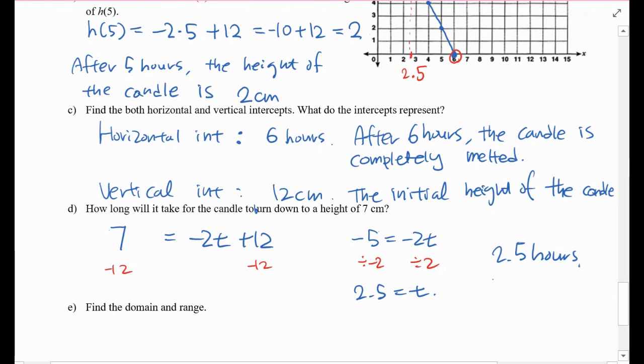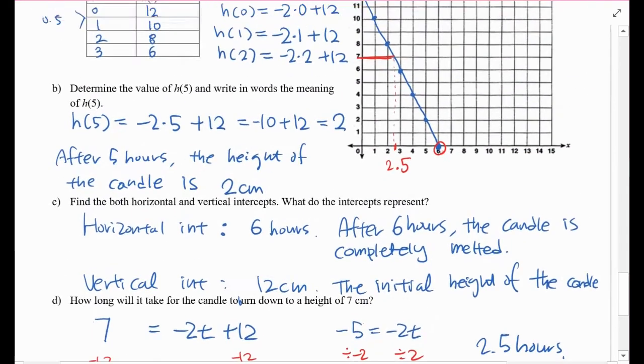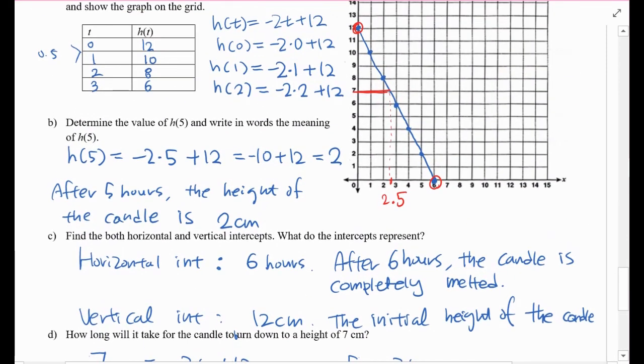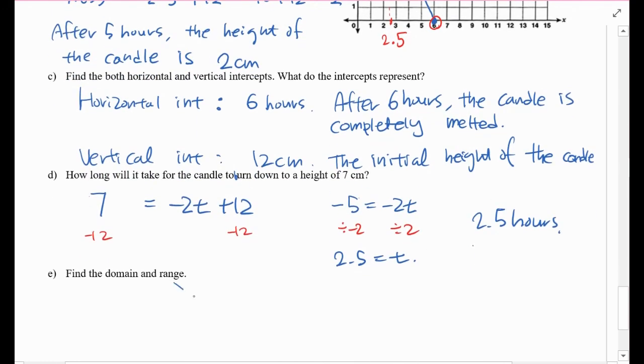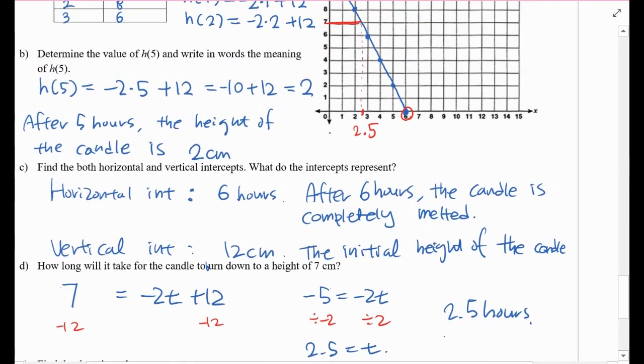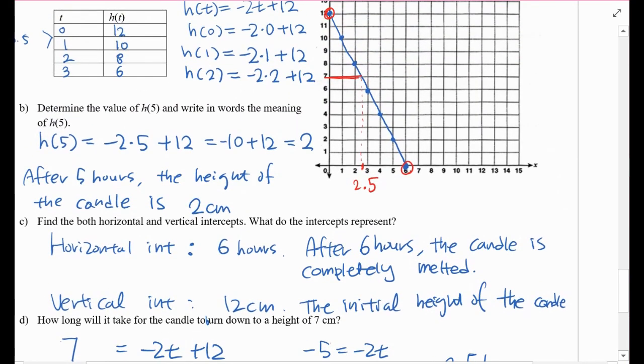Okay? Find the domain and range. Can the height of the candle become negative? No, it cannot be negative. It should always be positive. What's the initial height of the candle? 12 centimeters. So the range is between 0 and 12. And the domain: we started measuring the height of the candle from 0 hours.